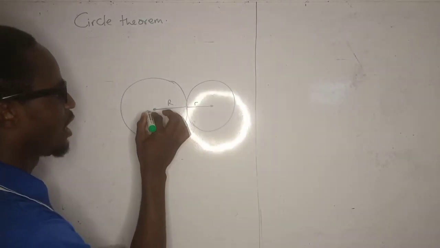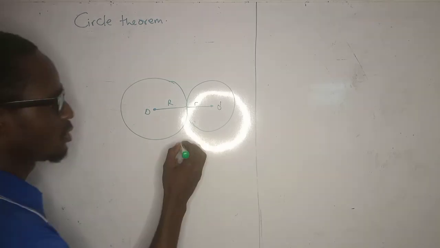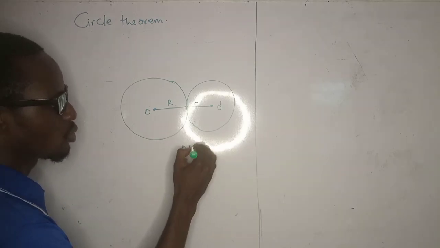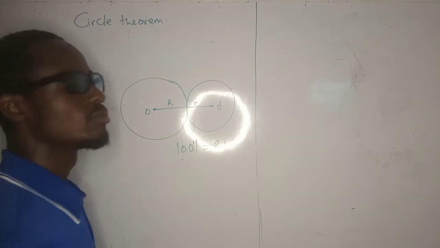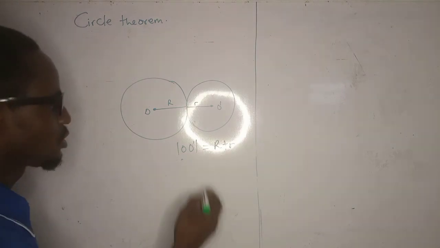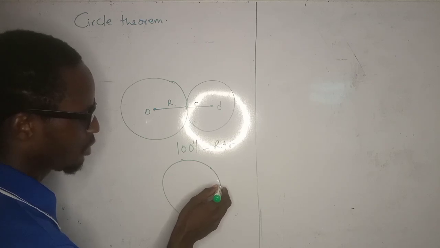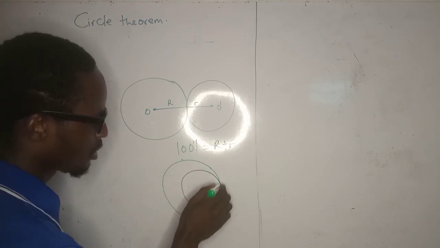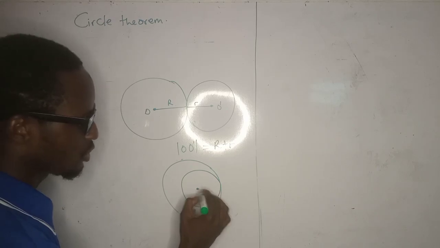Which means the length from O to O prime must be the sum of the two radii of the circles. And this could even take place within the big circle, like you have something like this. It is possible. They still form tangents to each other.